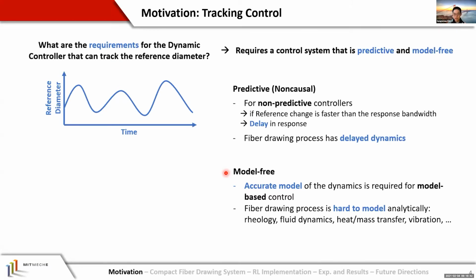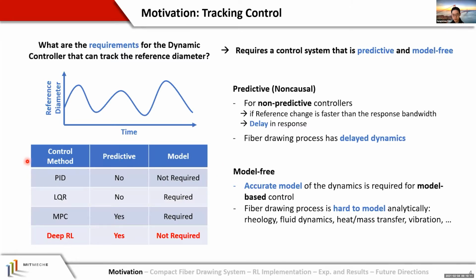So we need to consider all the physical phenomena like rheology, fluid dynamics, heat and mass transfer, etc. Therefore, while we could still come up with a model from first principles, the performance may not be satisfactory. Therefore, our proposed controller should not require any prerequisite model about the system.